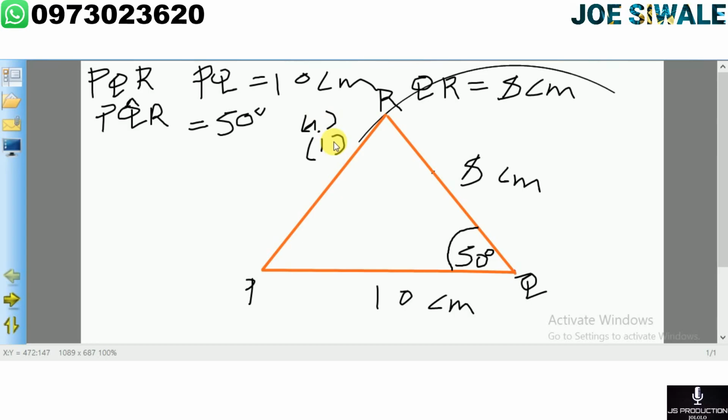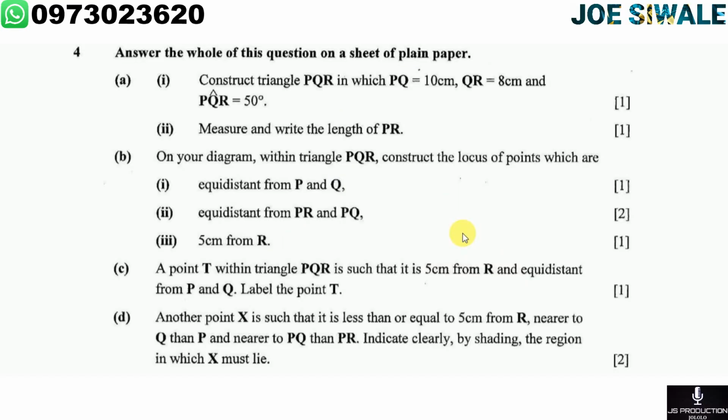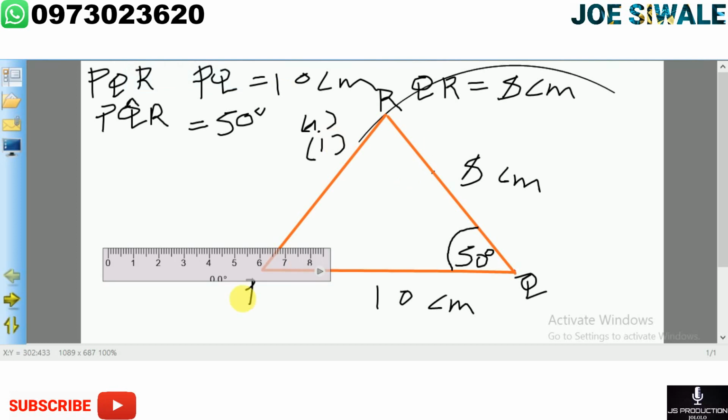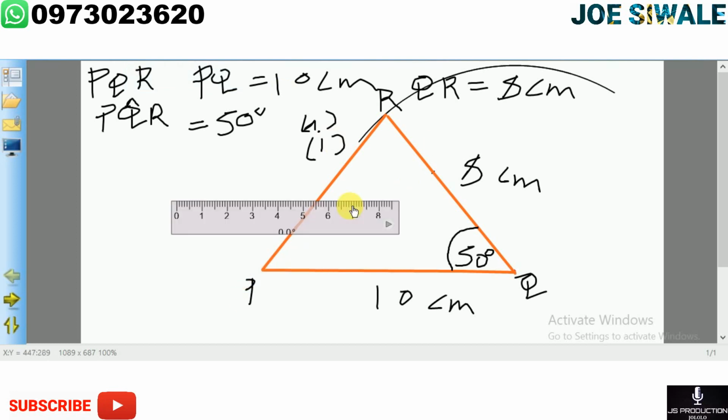Roman numeral 2 reads, measure and write the length PR, 1 mark. So I need to measure length PR. So I'm going to use my meter rule to measure length PR. So I'll get my meter rule.